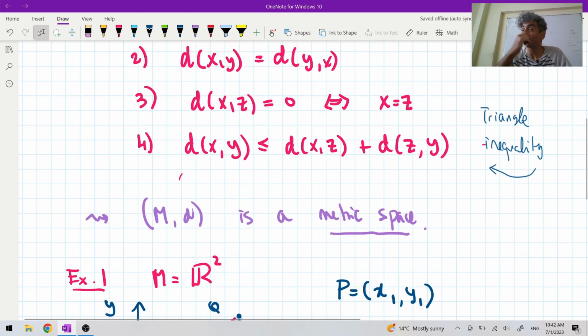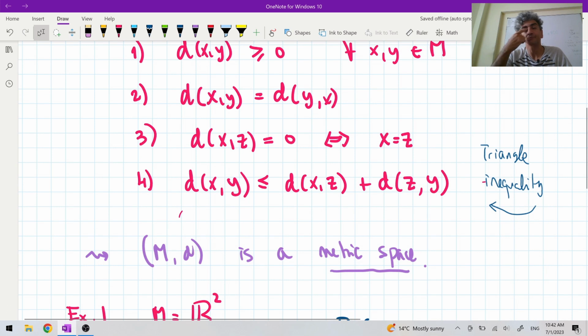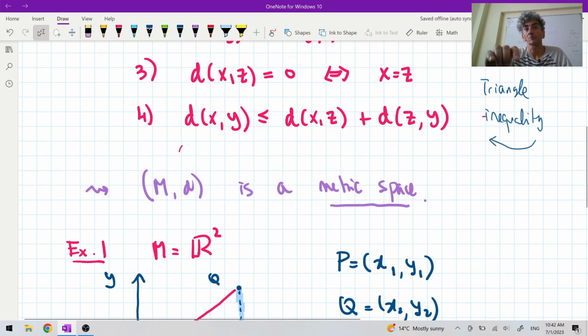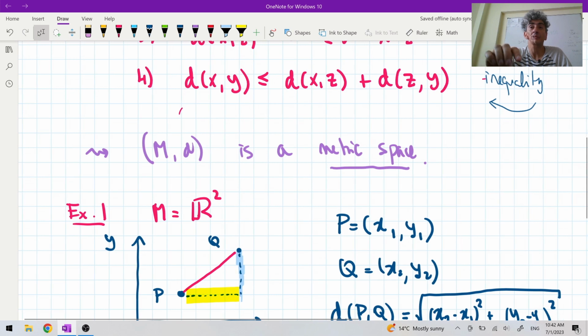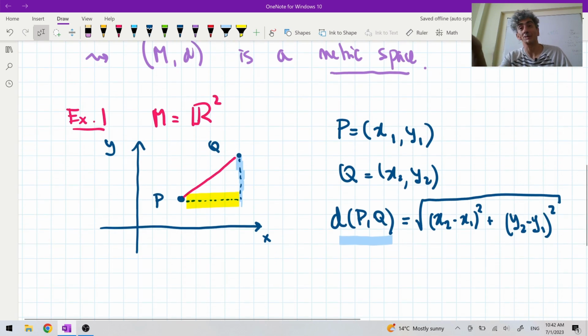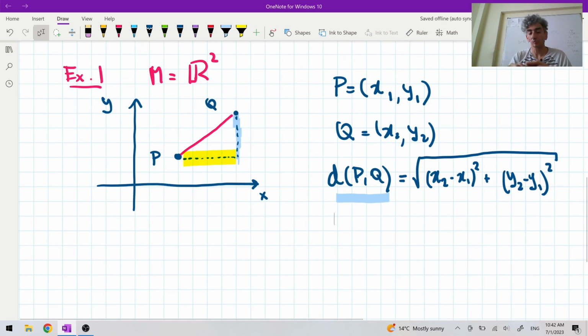Property 3 follows from the properties of the square root, and the triangle inequality is actually the triangle inequality. So in this case we have a very familiar distance. This is a very familiar notion for us to measure distance between points.